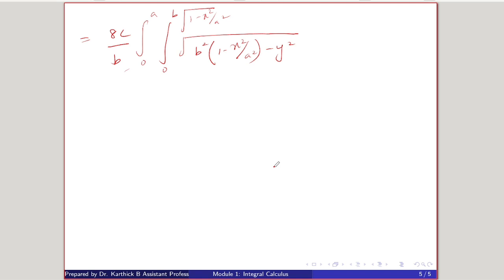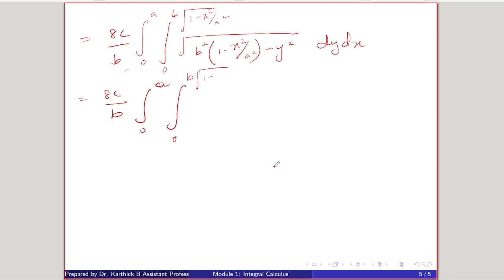Okay, then dy by dy dx. Then again c, 0 to a. In order to simplify this term, I may do one more step.